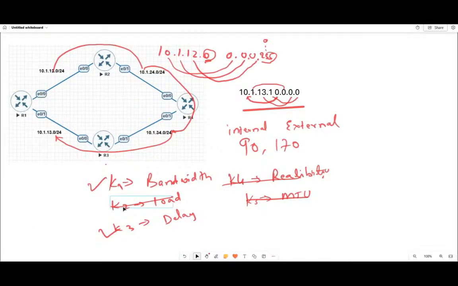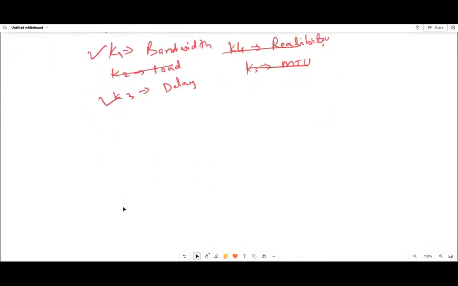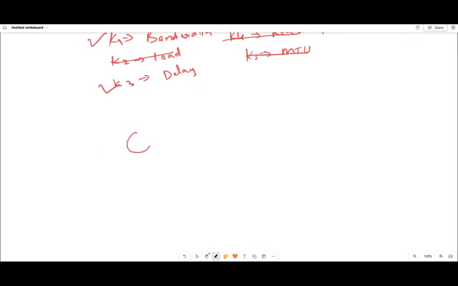So suppose in EIGRP you have two paths to reach a router. This is a 10 cost and this is 20 cost. Of course, it will go through the lower cost, right? But I want to use this path also.